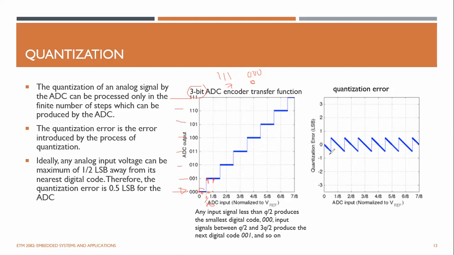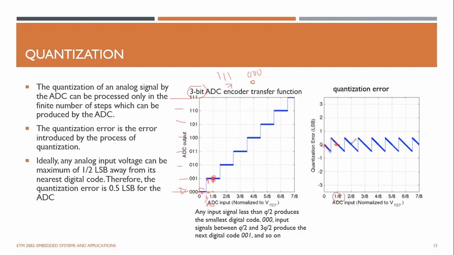You can see the error: from here to here the original value is increasing, and you still put it into 0, so the error increases as the original voltage increases. When it comes here, the original value is lower, but you represent it as 1. When it comes to 1/8, you will get 1 here, so there is no error.